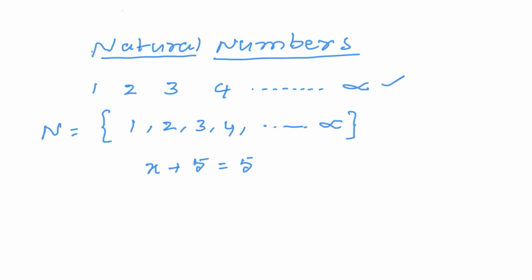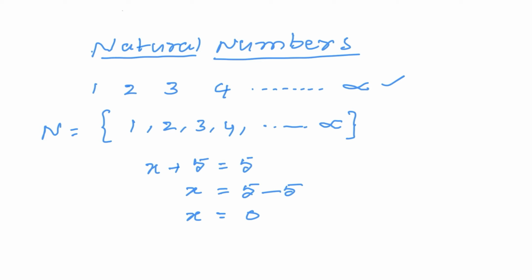Let us see what is the value of x. x = 5 - 5. This side when you take 5 - 5, 0. x = 0. So the value of x is 0. That is the solution to the given equation x + 5 = 5.